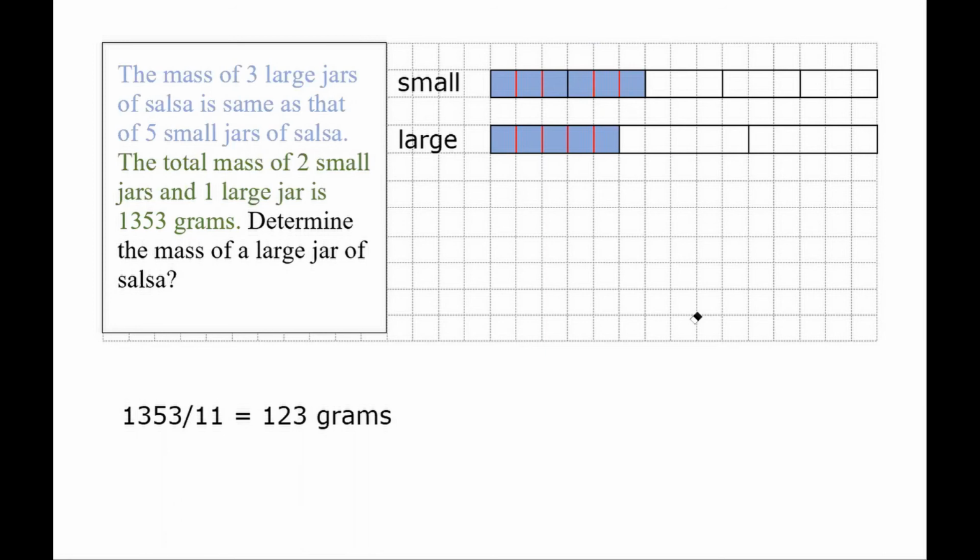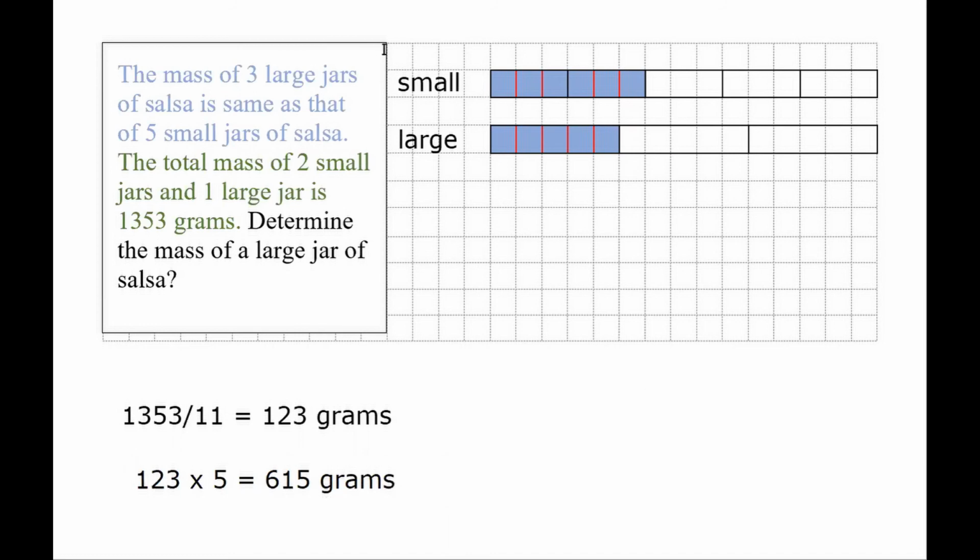They want us to find the mass of a large jar. A large jar is comprised of 5 units or 5 small squares. So what's the total mass of a large jar? That has to be 123 times 5, and that turns out to be 615.